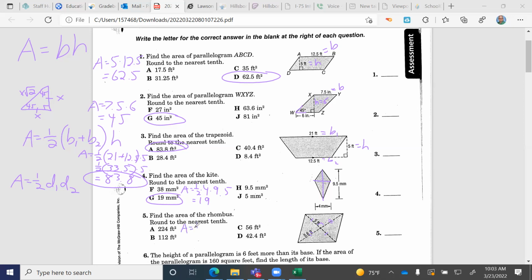Area equals 1/2 d1 d2. Again, doesn't matter which one you plug in first. 11.2 times 10. 1/2 of 11.2 is 5.6. 5.6 times 10 is 56.